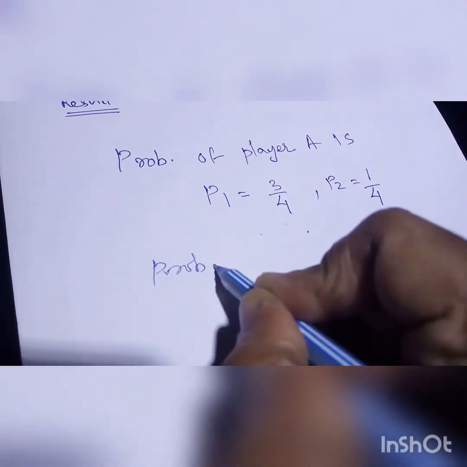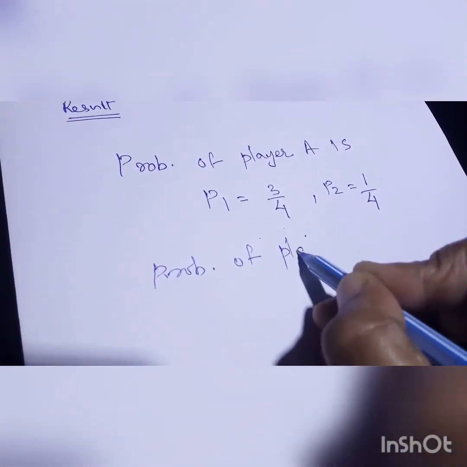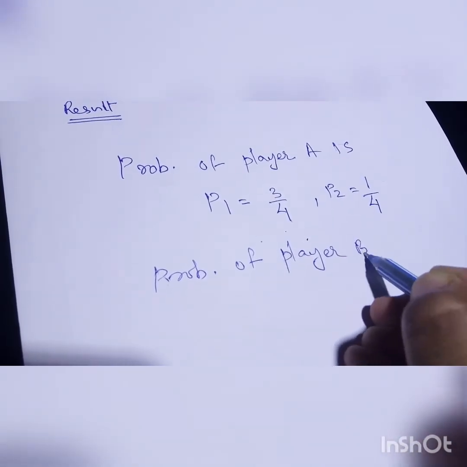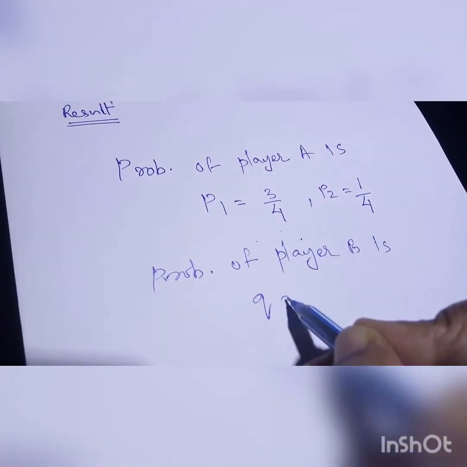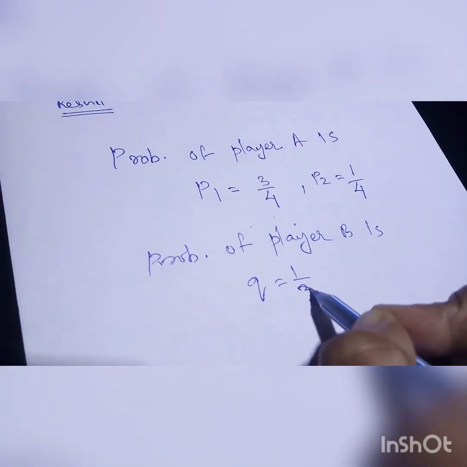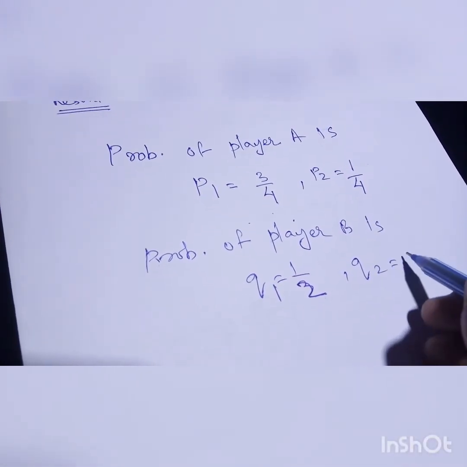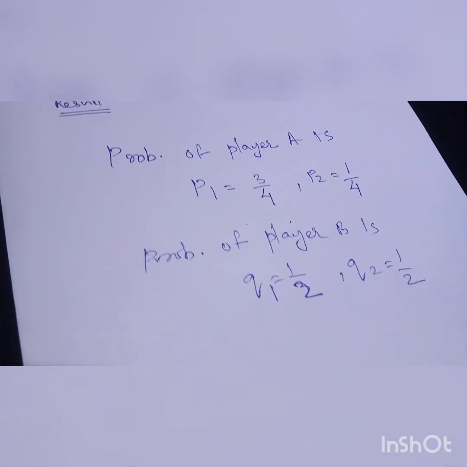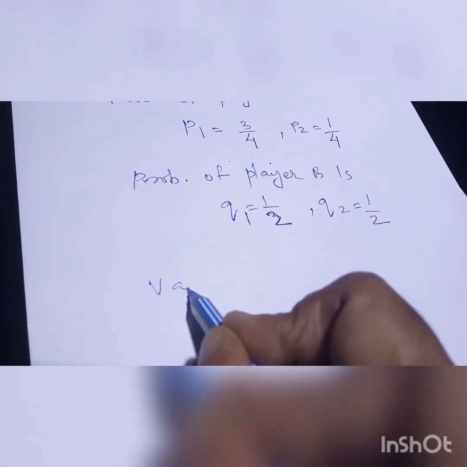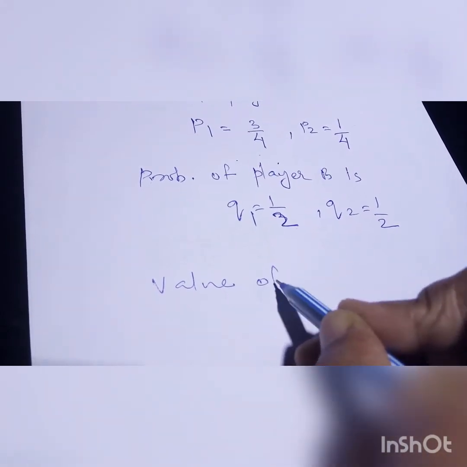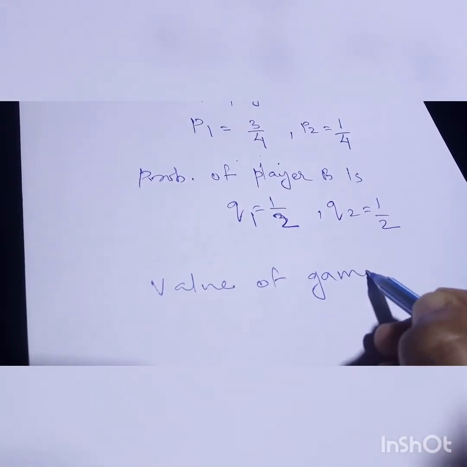Probability of player B: Q1 is equal to 1 by 2 and Q2 is equal to 1 by 2. And the value of the game is equal to 8.